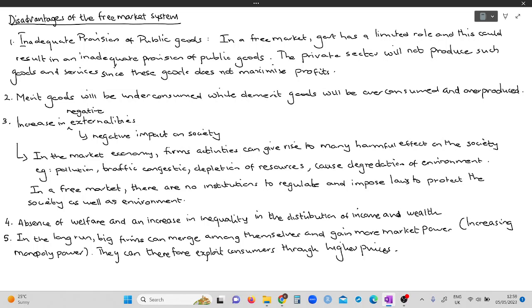Okay, so on the other extreme, we have the planned economic system. The planned economic system, c'est an economic system which is fully controlled by the government. We have government intervention. C'est le gouvernement qui contrôle. D'accord? We are talking about something else here. Le contraire de free market, c'est une planned economy.